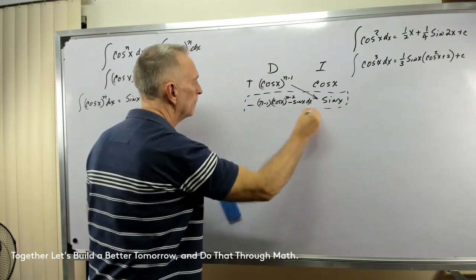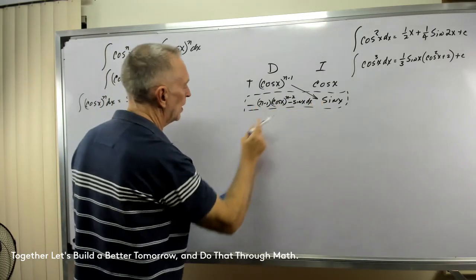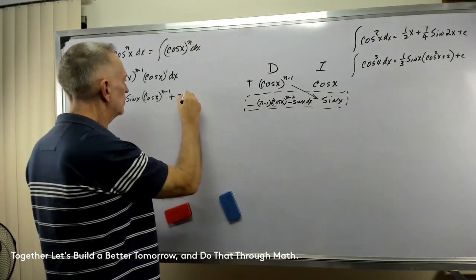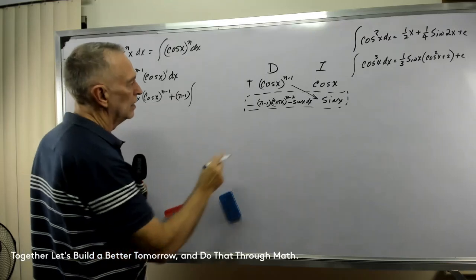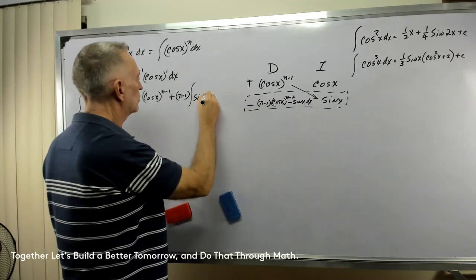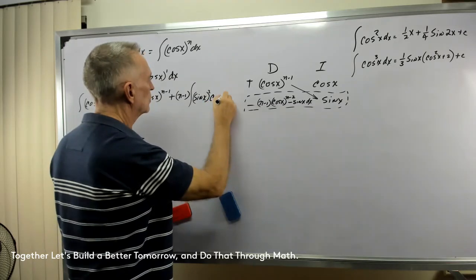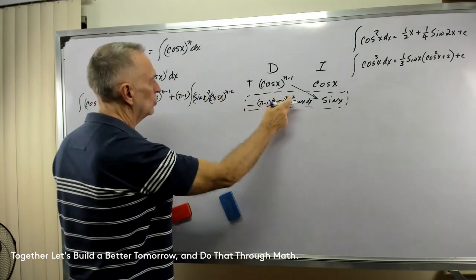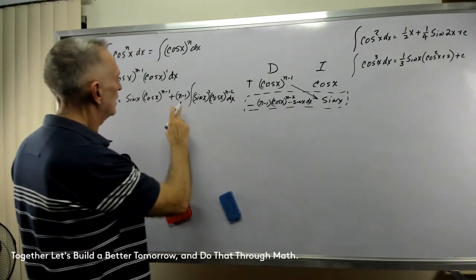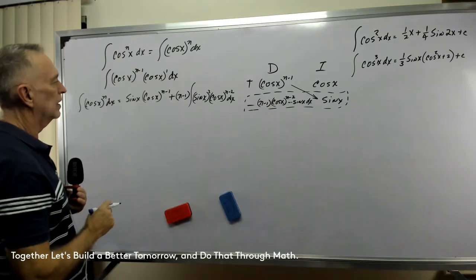So I have a negative times positive, so I have a positive here. Positive, n minus 1 is a constant, put it outside. Sine x times sine x, so I have sine x squared, cosine x to the n minus 2 dx. So did I get all the terms? n minus 1, cosine, sine squared. Okay, I have them all.